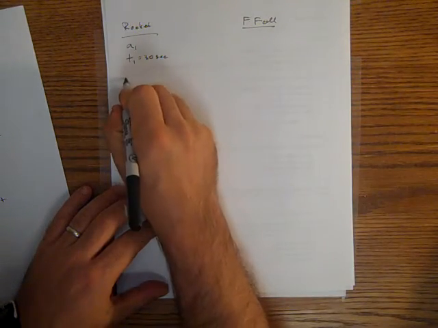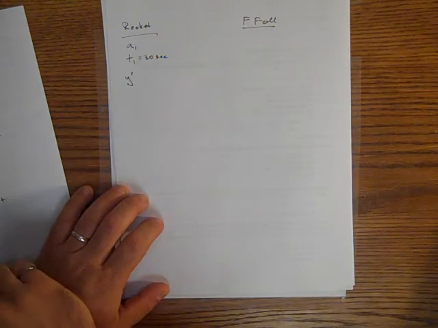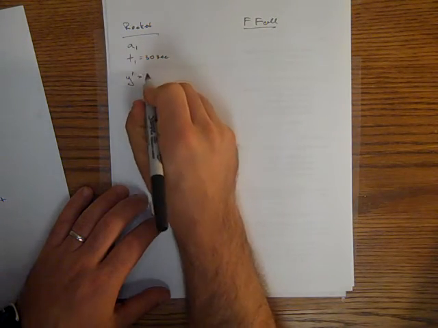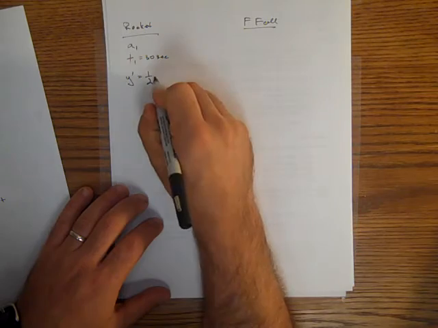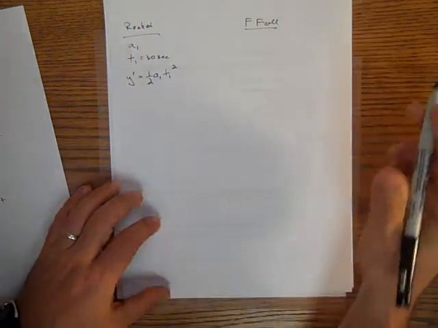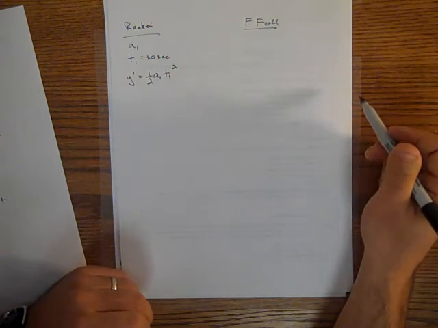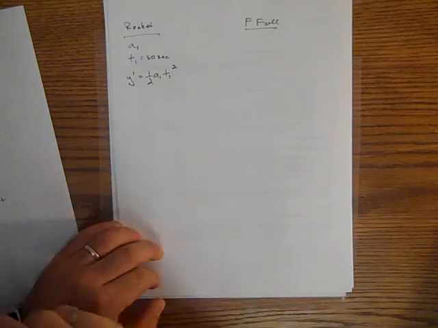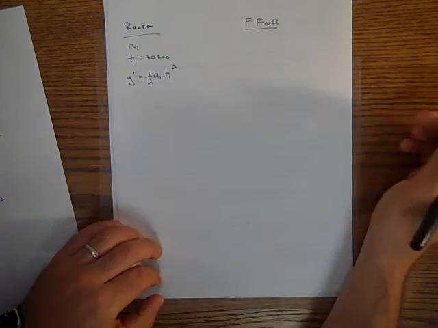So it reaches a height, I'm going to call it y prime, after 30 seconds. That is given by 1/2 the acceleration times t1 squared. So that's the height it gets after 30 seconds. So I can just plug that in, but I don't know what it is because I don't know the acceleration yet.